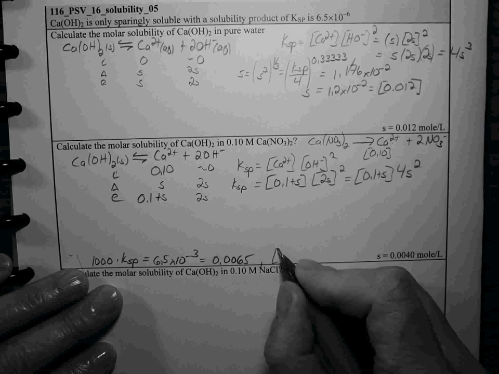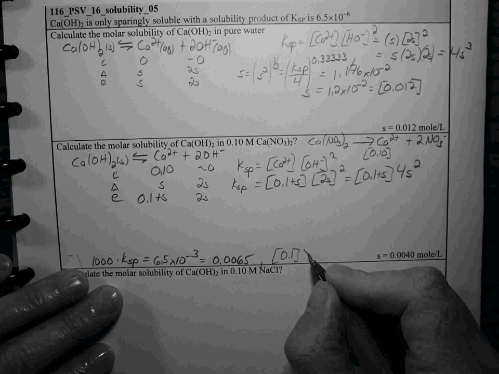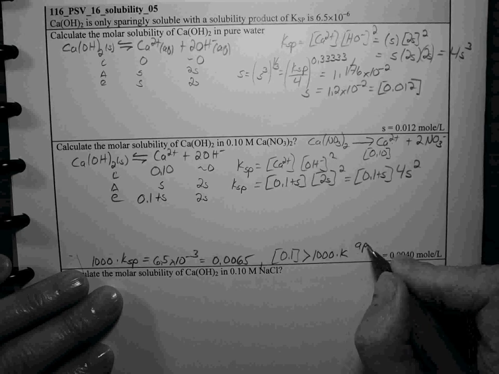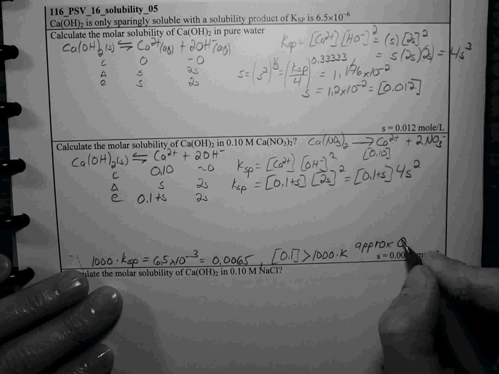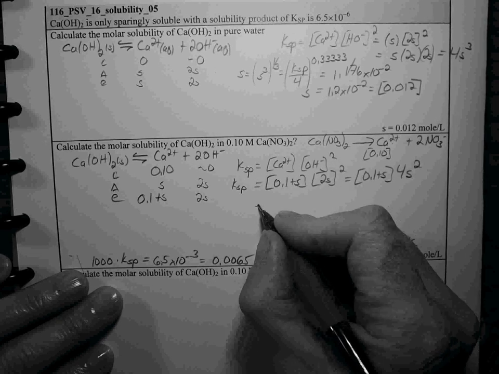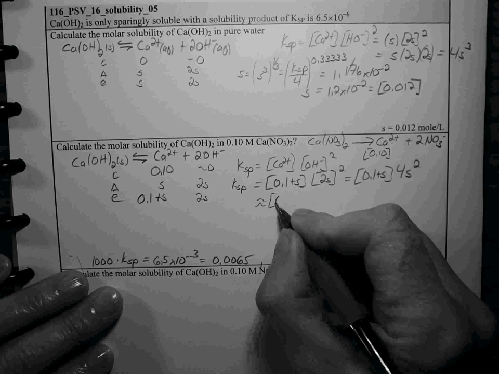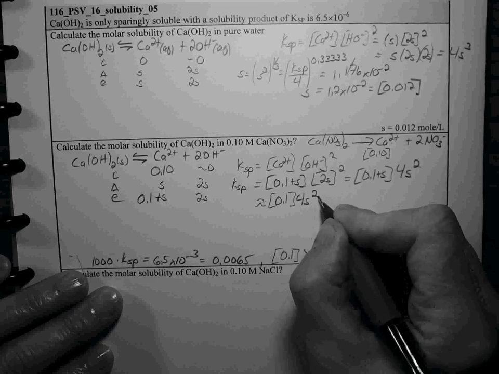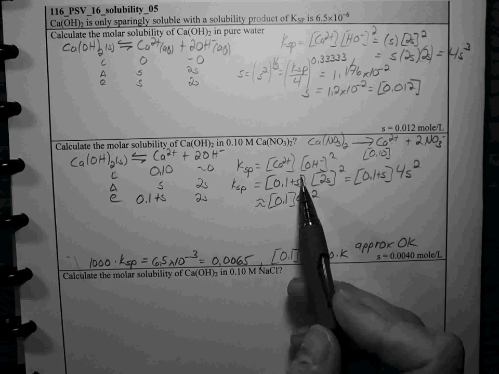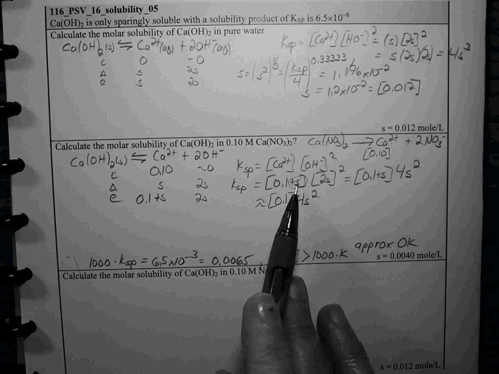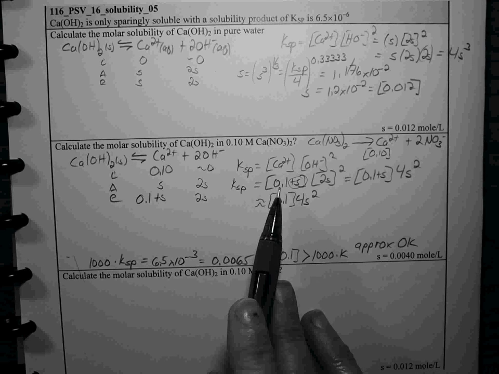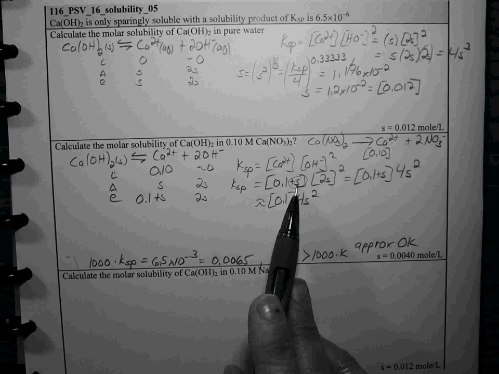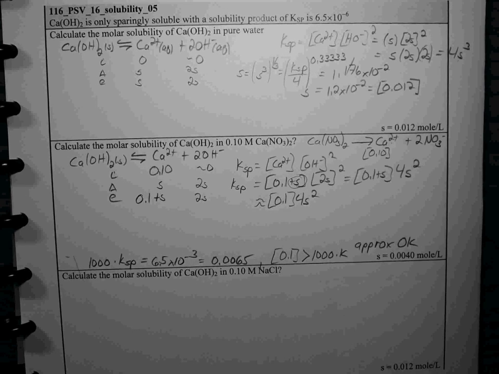And here 0.1 is larger than 1000 times KSP, so you can make that approximation, that this is approximately equal to 0.1 times 4S squared. All we did here was prove that it was okay to make the approximation that 0.1 plus S is essentially 0.1, that S is negligible compared to 0.1.